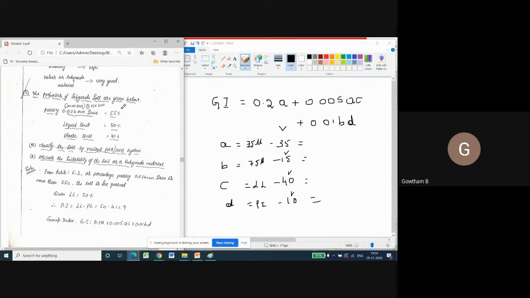The percentage of soil passing the 75 micron sieve, also called the 0.074 mm sieve or number 200 sieve, is 55%. That means 55% of the soil passes through the number 200 sieve. The liquid limit of the same soil is 50% and the plastic limit is 41%.